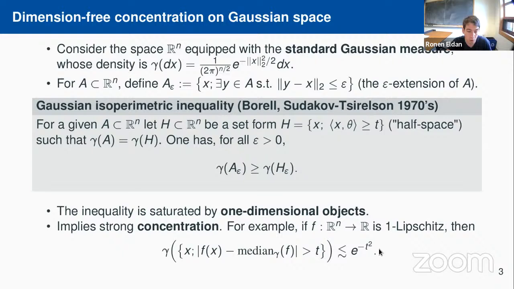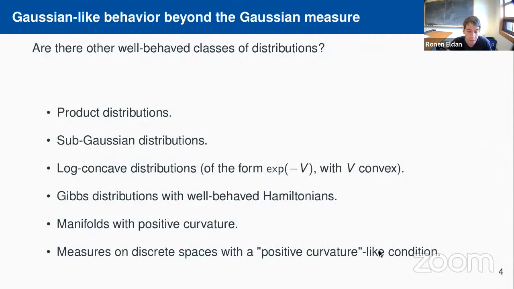Okay, so these bounds are relevant to Gaussian space, which we want to think about as a model space for high-dimensional distributions. And it turns out that many other, a priori more complicated, distributions tend to behave in a similar way.